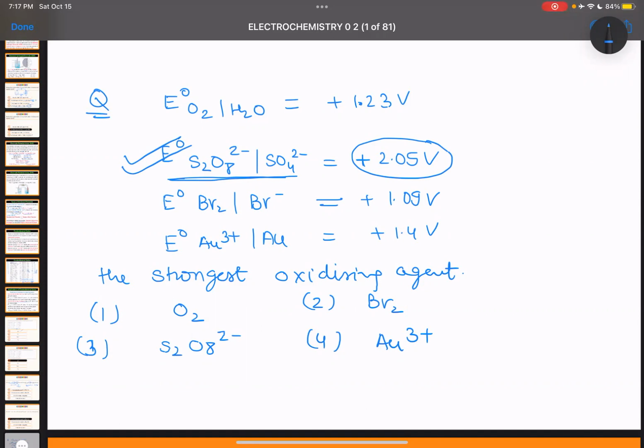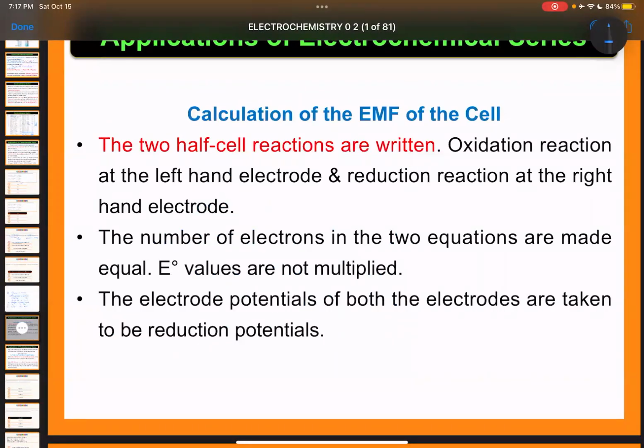There are many questions related to this. Another common application is that you can calculate the EMF of the cell. You measured only the half electrode potential, and that too under standard condition, by connecting it to the standard hydrogen electrode.